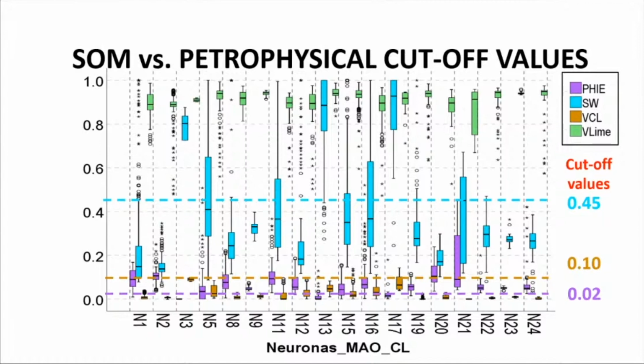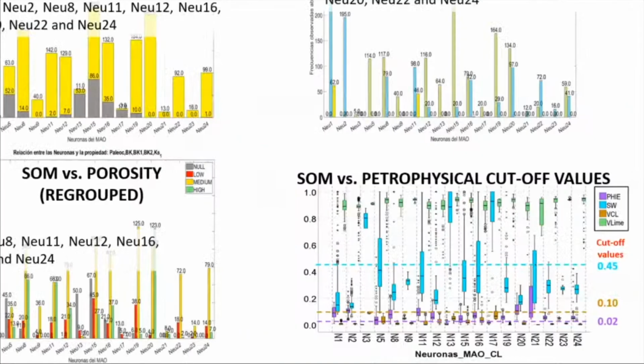And you can see how some neurons are reservoir and correspond to the net reservoir part, but have high values of water saturation. So you have to be careful, and this is the way we inspect the petrophysical values or evaluations against the SOM neurons.